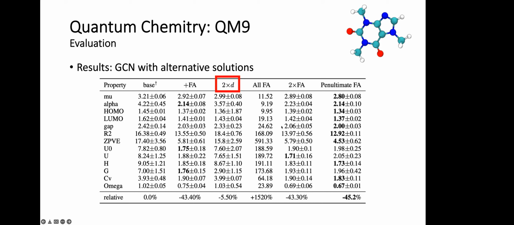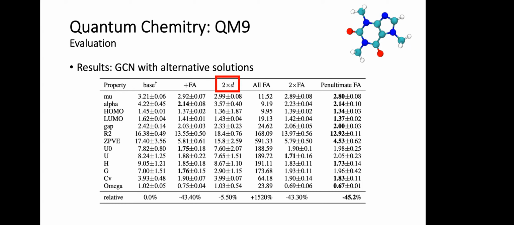So they set the hidden layer size to double the previous one, which is 2D. We can see these models achieved only 5.5% improvement over the base model, while adding the fully adjacent layer achieved about 42% improvement using the original dimensions and without adding weights.